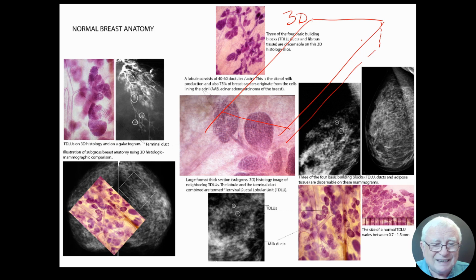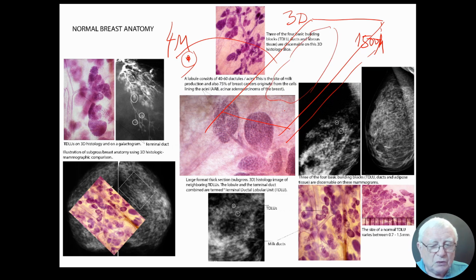We call it thick section or 3D or subgross histopathology because this measures 1500 micron. The conventional histopathology image shows you 4 micron. So the colleagues, the pathologists, can look at the cellular details. There are no cells on the 3D pathology. Here is a picture, here is a picture, and here is a picture.